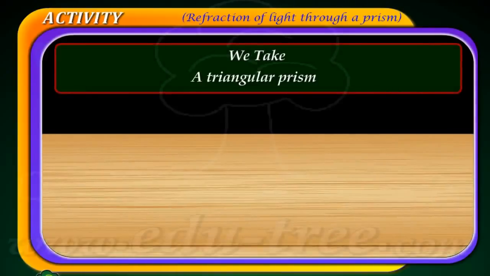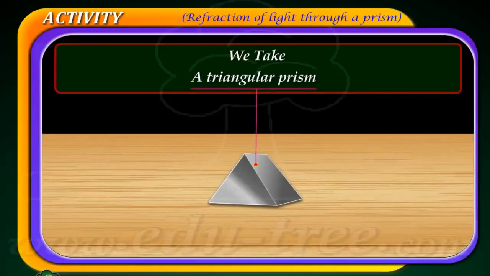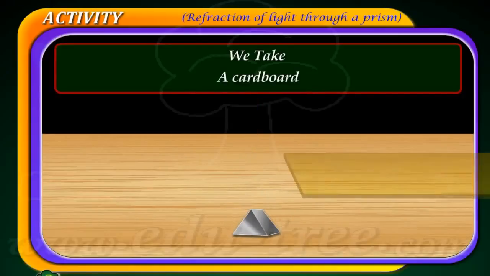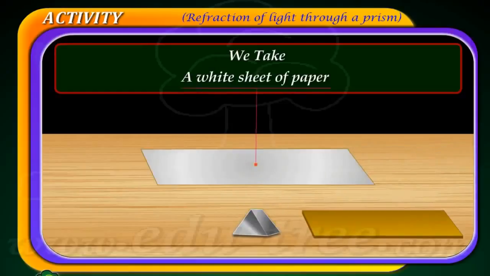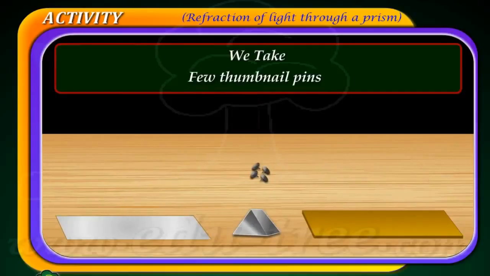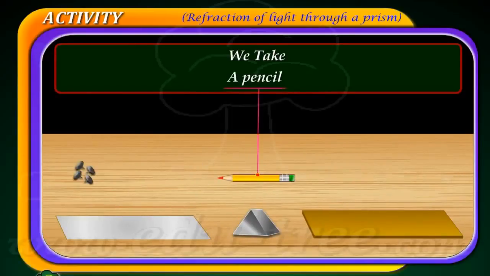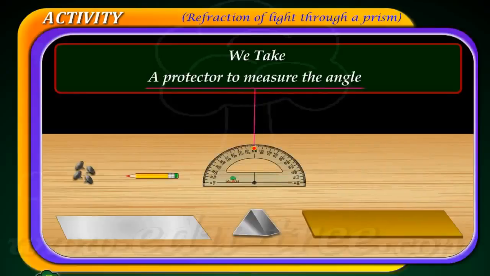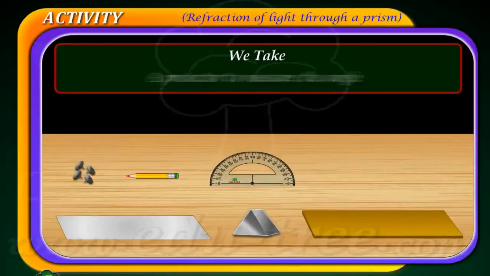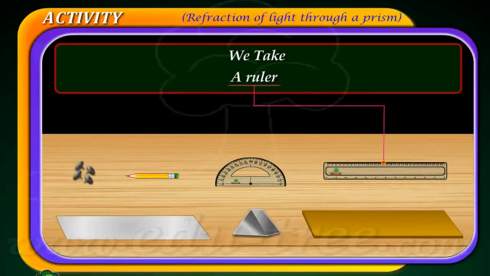We take a triangular prism, a cardboard, a white sheet of paper, a few thumbnail pins, a pencil, a protractor to measure the angle, a ruler.